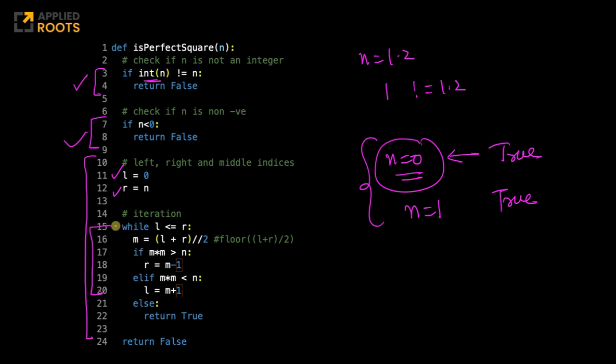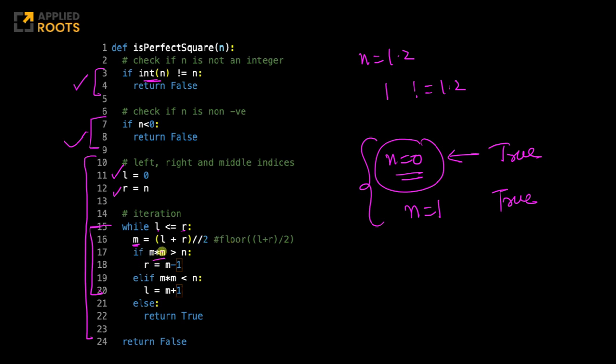This is a standard loop, your standard iteration, where you break it into two halves. Your left index should be less than or equal to the right index. This is your middle index: you take the center point between your left and right indices.